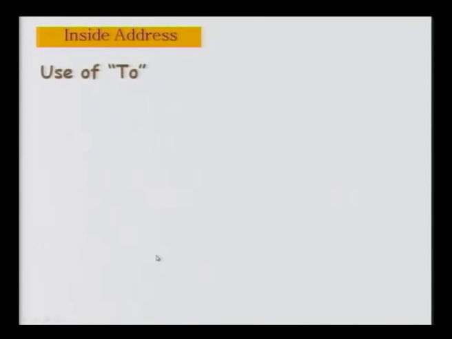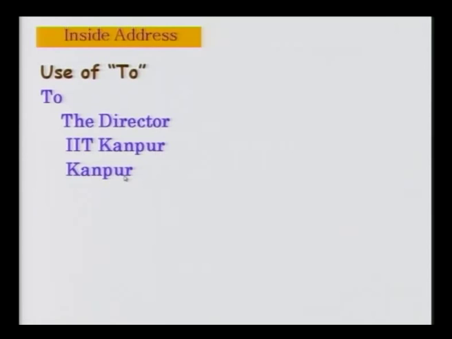Now, just very quickly, the use of 'To'. Should you use 'To' or not? 'To' is used if the address is very brief. Look at this: To the Director, IIT Kanpur, Kanpur, only three lines. In this case you can use it.